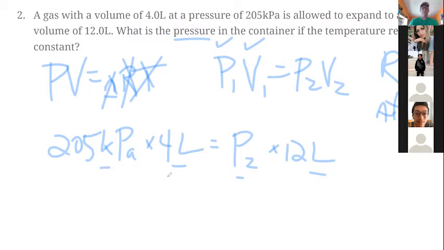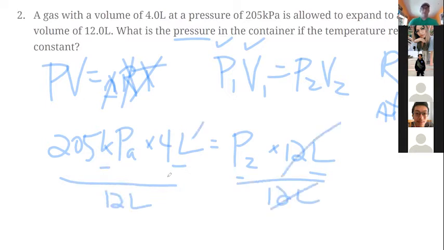And how do we solve this problem? What do we do to both sides of the equation to isolate P2? You divide 12 liters by both sides. Yep, exactly. 12 liters, 12 liters. Liters cancel out, and I am left with this particular unit.